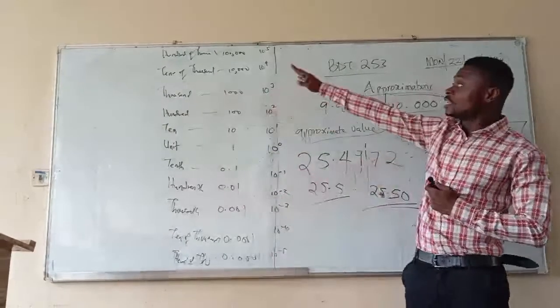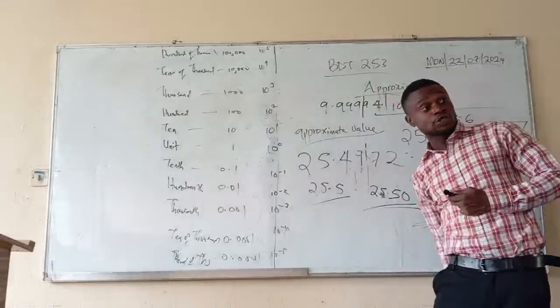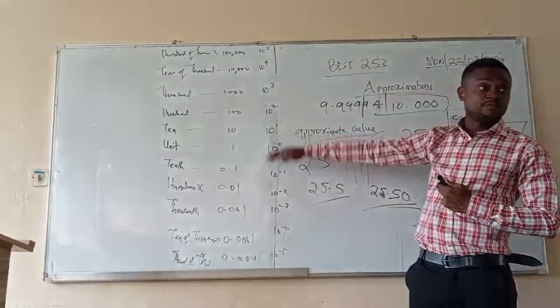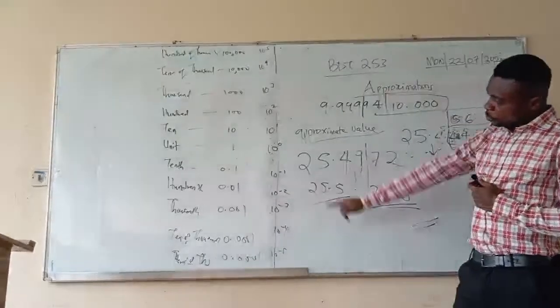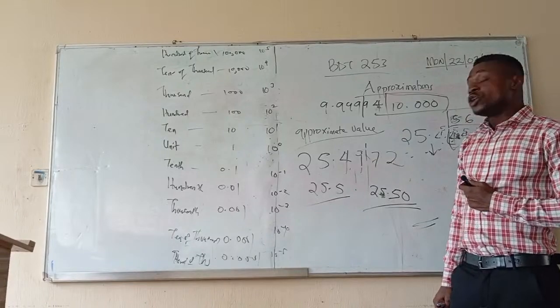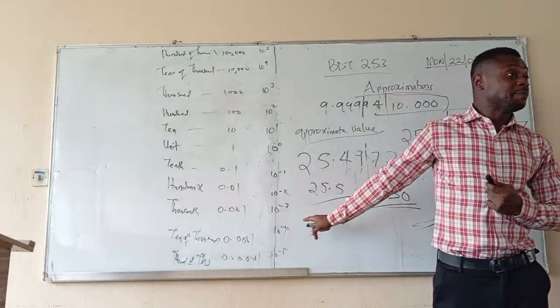There are many of them. You get up to millions, billions, but let's stop here for want of space. So they are in approximation based on what? The place value.